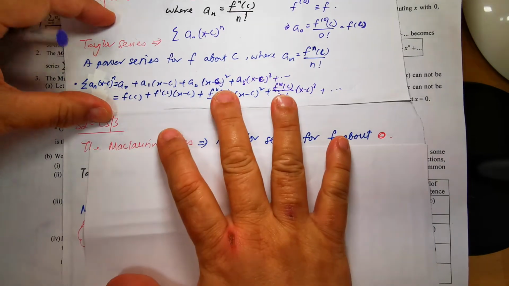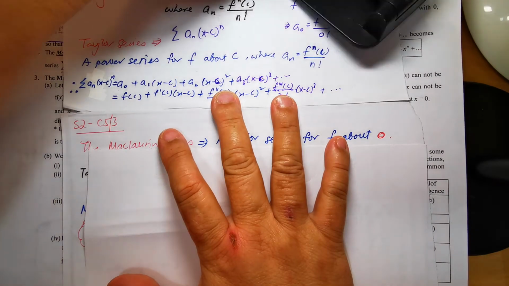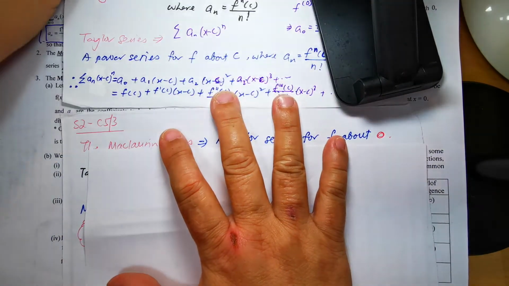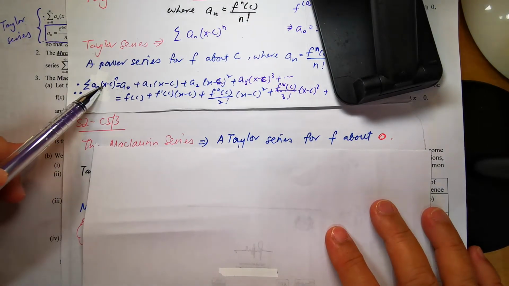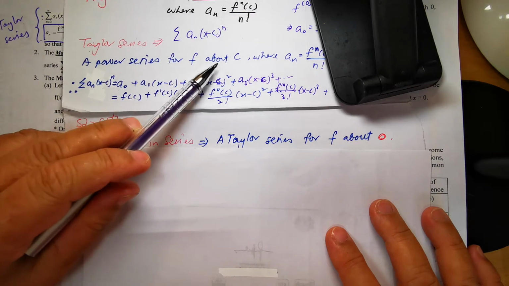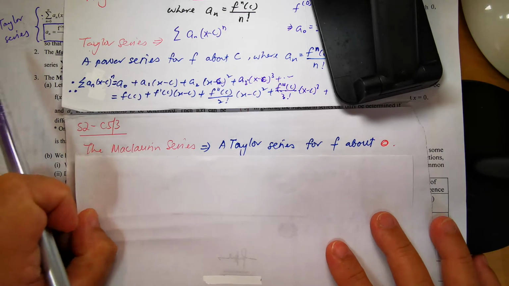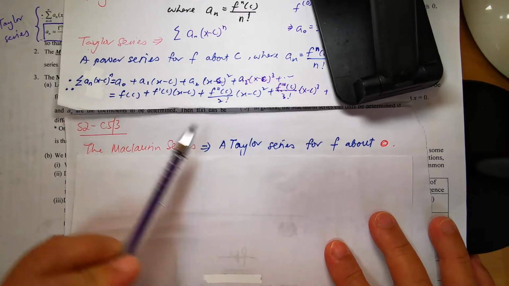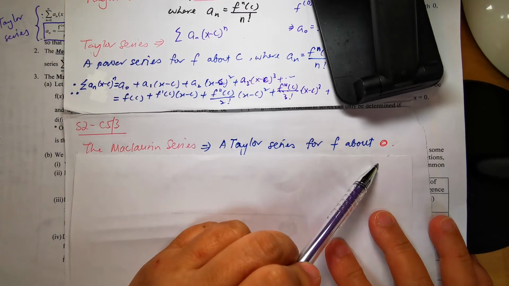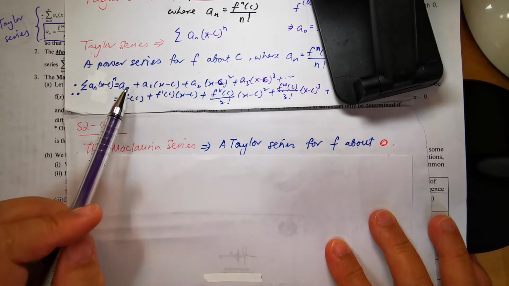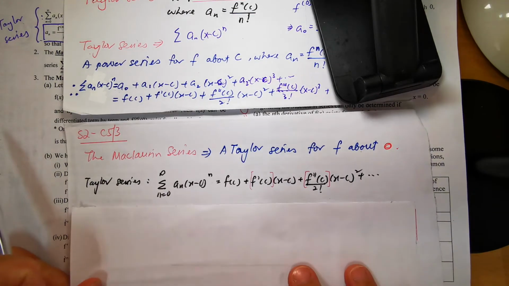Just now we already said a Taylor series is a power series for f about c, so it becomes like this. Therefore, the Maclaurin series is a Taylor series for f about 0. About 0 means all the c become 0. Then it becomes like this.